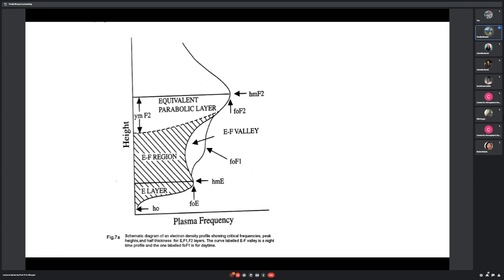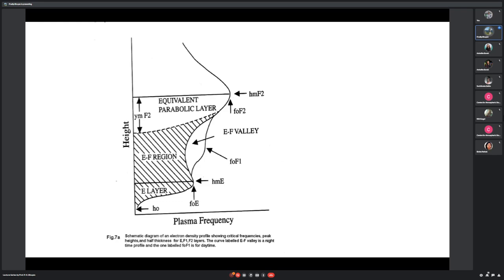So maximum height means minimum refractive index. Minimum means not zero, minimum refractive index. And therefore the refractive index decreases from a maximum at the bottom of the ionosphere. If we consider the bottom of the ionosphere to be a neutral atmosphere, the refractive index is 1.